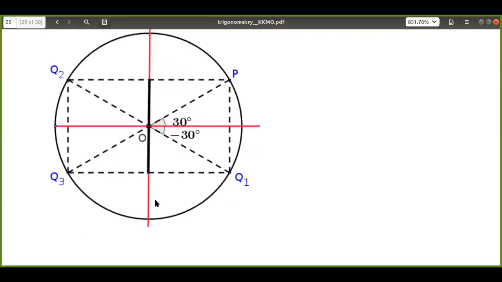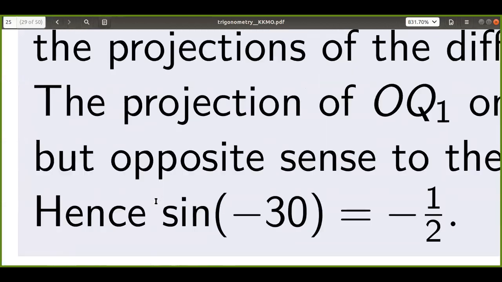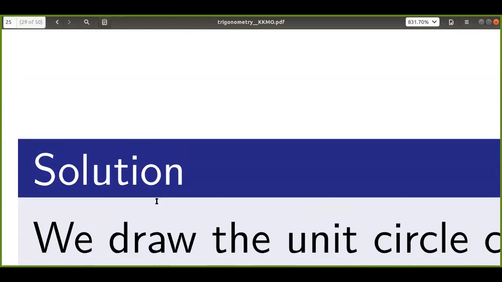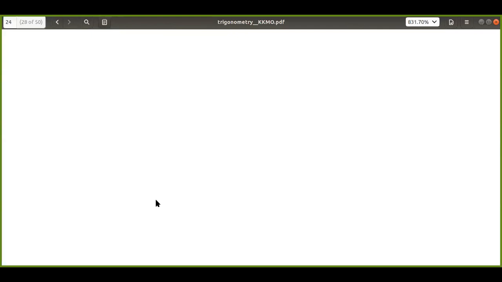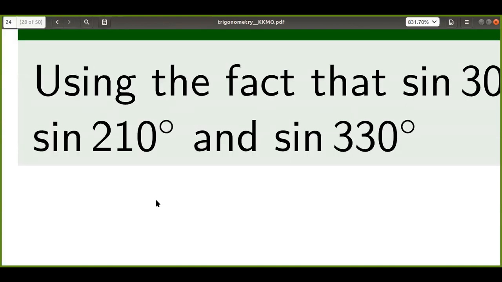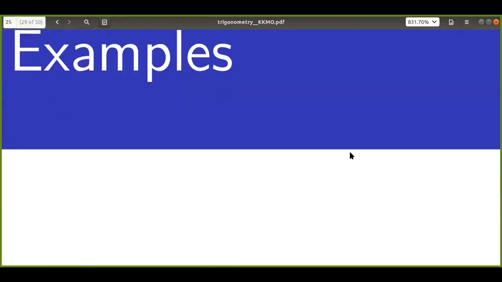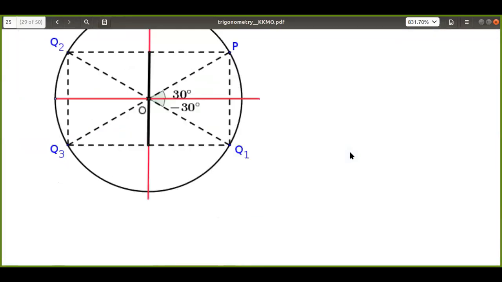Okay, so the next one was what? We had to find some more. Let's check. We had 210, we also have 330. For 210, you'd start from the x-axis here and go all the way to 180 degrees.